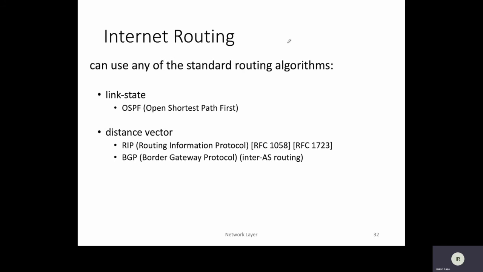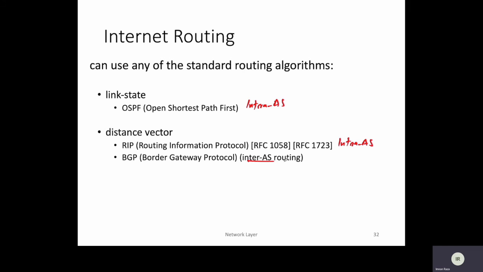Okay, so for internet routing, we have a variety of algorithms. Some of these we have covered. So one is based on link state. We have covered it, and we know that it's used for intra-autonomous system routing. And similarly, we have covered the routing information protocol, and it is also used for intra-autonomous system routing.